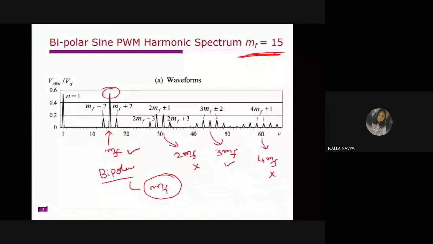For odd multiples, you have harmonics. These small harmonics, at MF plus or minus 2, are known as sideband harmonics.